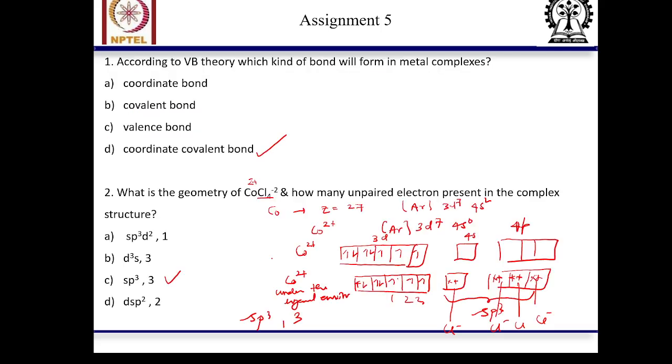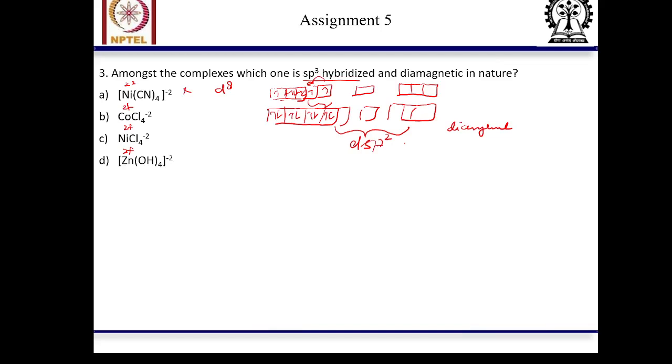Now we have just seen the CoCl4. Here we have sp3, but there are 3 unpaired electrons, which means it is not diamagnetic in nature. Now we see NiCl4. Again 8 electrons, 1, 2, 3, 6, 7.